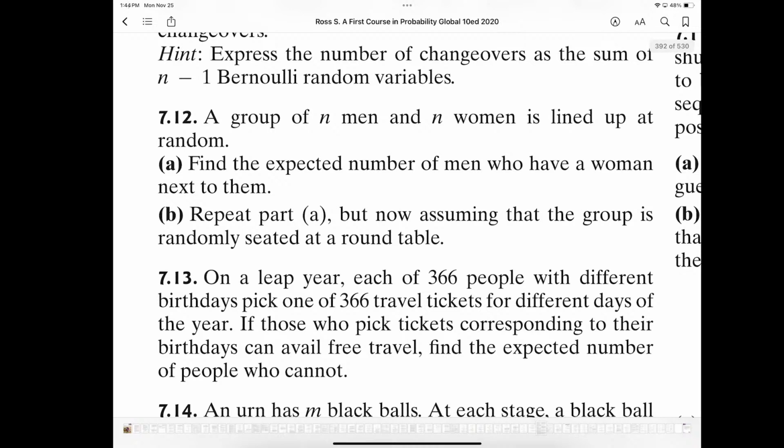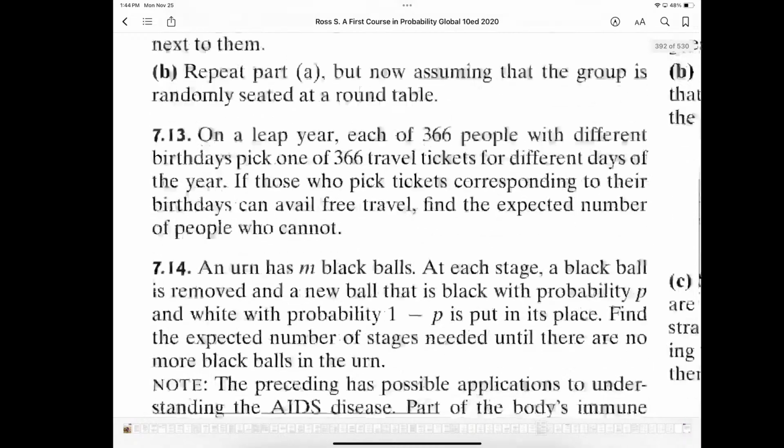It's only the 2 people at the end that are different and special. Other than that, everyone is the same. So hopefully that gets you started. And then the round table version, no one is special, because if you make people stand in a circle, then everyone has a chance of having a man and a woman on both sides. So that's number 12.